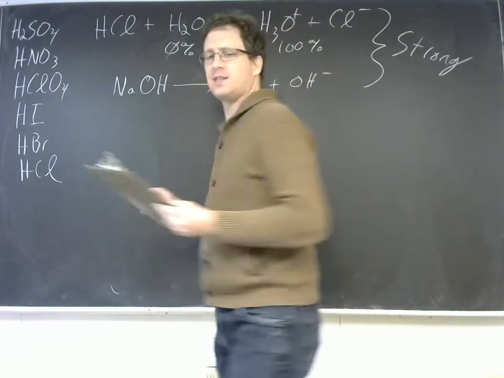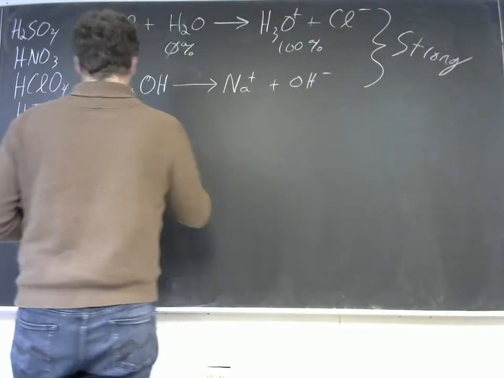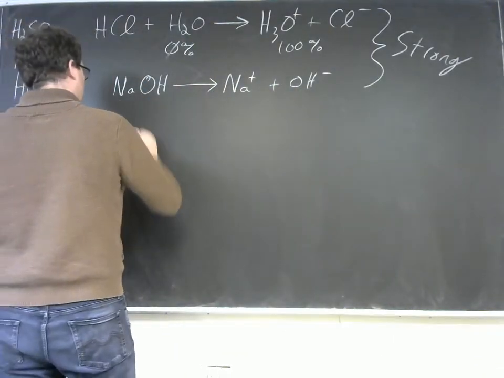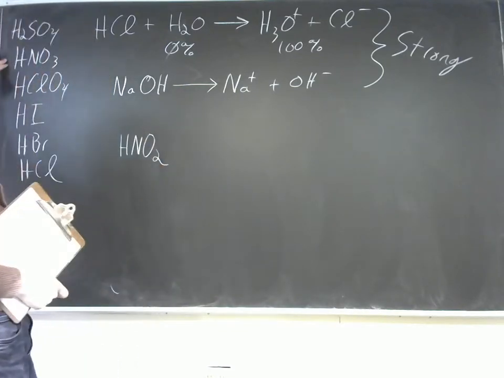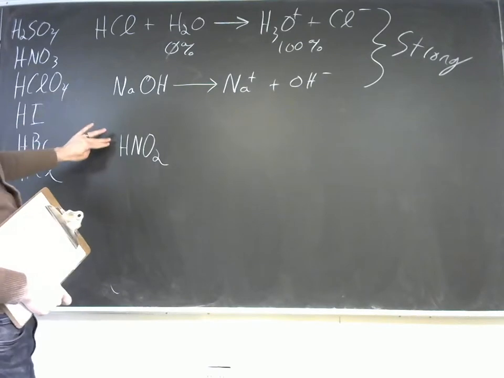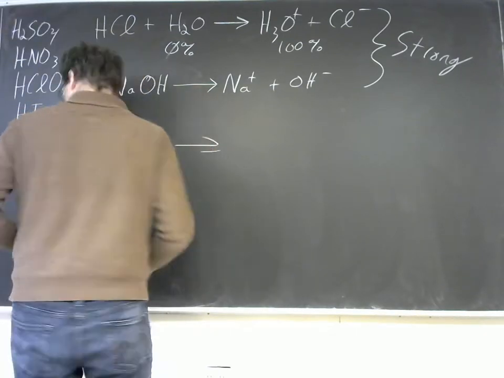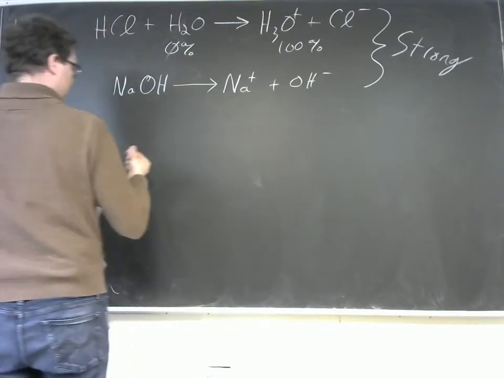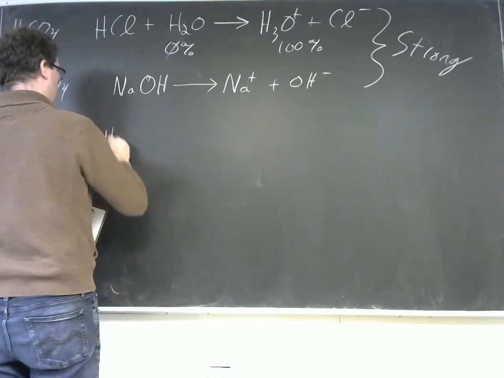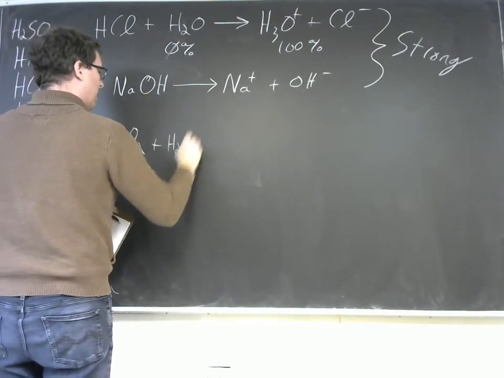Weak acids and bases are going to reach equilibrium when they react with water. So let's do HNO2. Nitric acid is a strong acid, but nitrous acid is weak. Oops, I need the water in there, sorry. So HNO2 plus H2O.